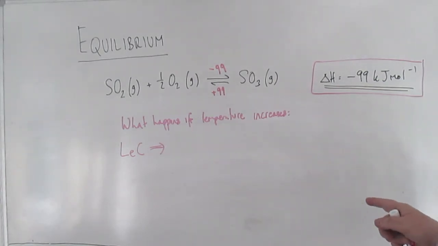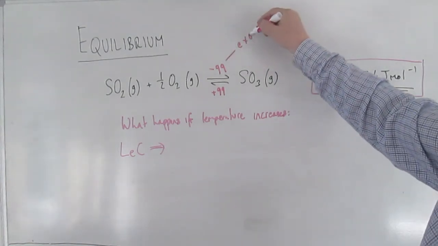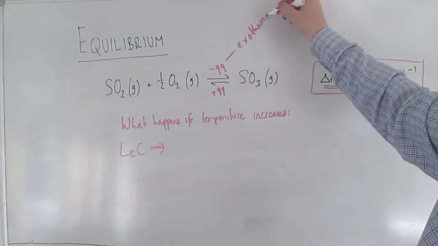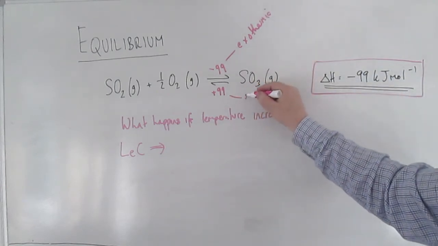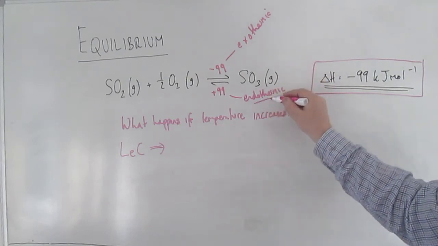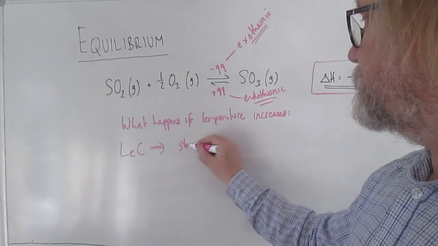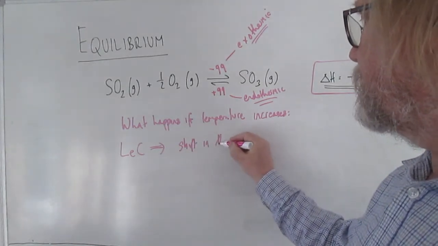And if you remember your sign convention, remember negative is exothermic and positive is endothermic. You've got to absolutely be sure you've learnt those sign conventions. So the way you oppose a temperature increase is that you will shift in the endothermic direction.